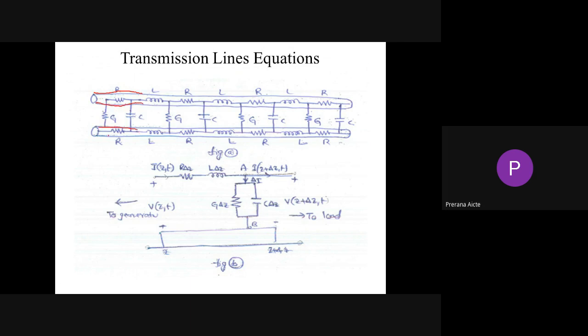The equivalent circuit is represented in terms of the primary parameters: resistance R and inductance L are in series combination, and G and C are connected in parallel between the two parallel wires.